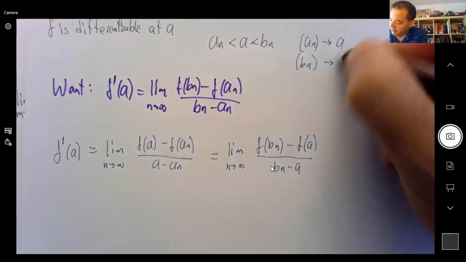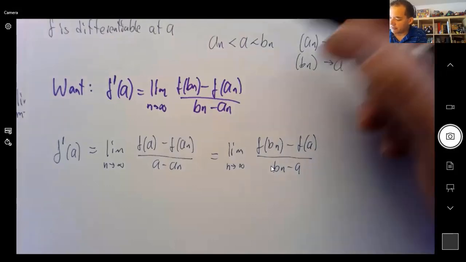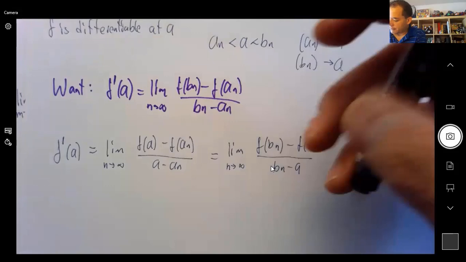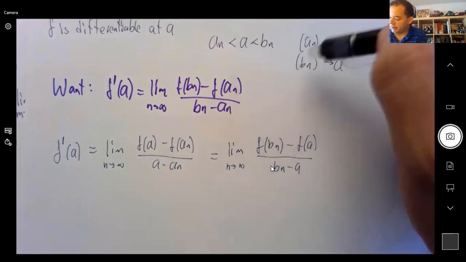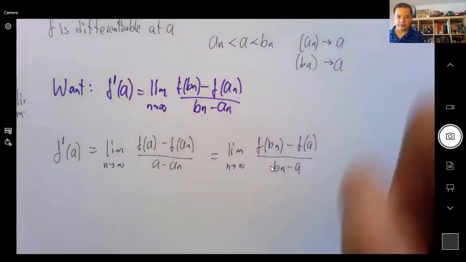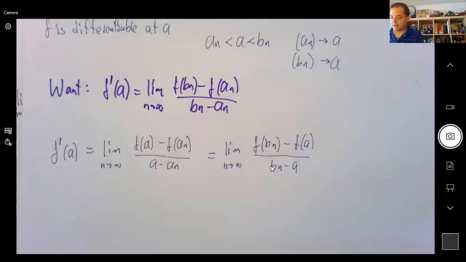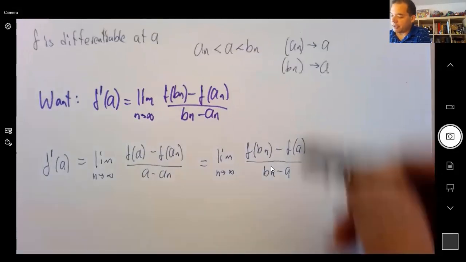My bad. It should be called something different because it's unrelated. This is the way it's written in the book. I would have chosen a different letter. Both of them approach a.